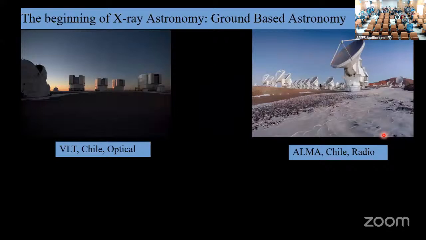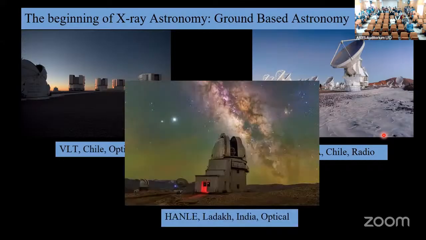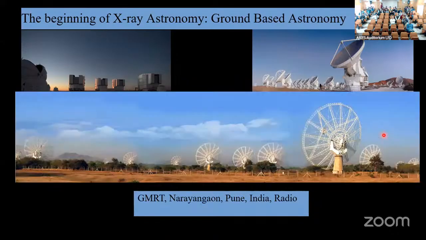Apart from that, several other techniques changed. Along with optical, ground-based radio and submillimeter astronomy emerged a lot. There are optical counterparts in India, in ARIES, lots of telescopes, and lots of radio telescopes that you can find in the Indian context as well.